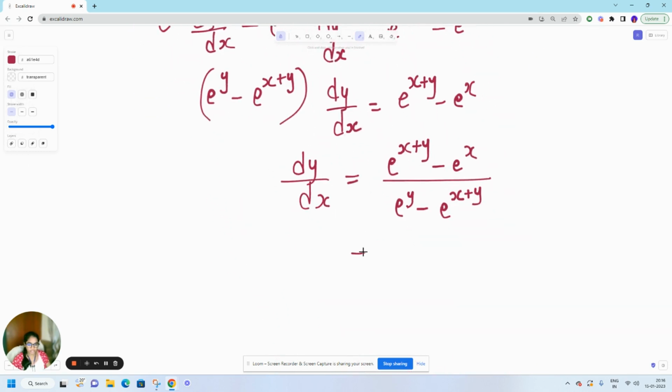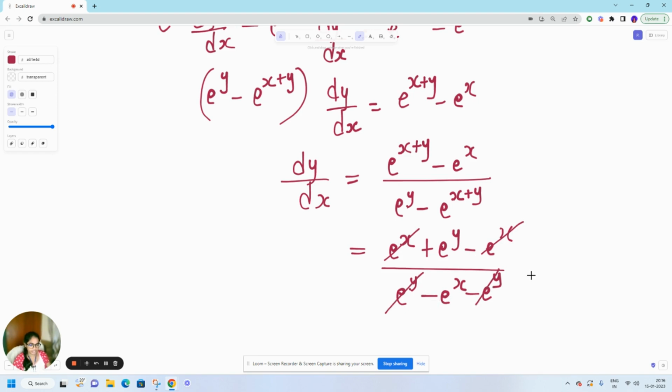Yes, so what was e^(x+y)? That was e^x + e^y. So we get (e^x + e^y − e^x) divided by (e^y − e^x − e^y). Agree? Here e^x gets cancelled. Here e^y and e^y get cancelled. What is remaining? We have negative e^y.